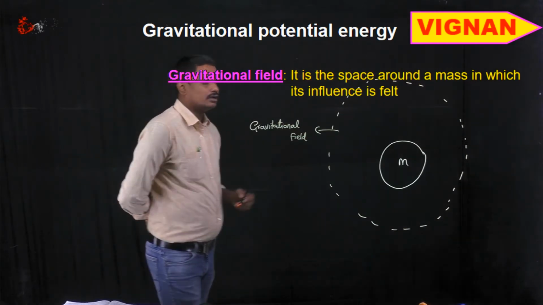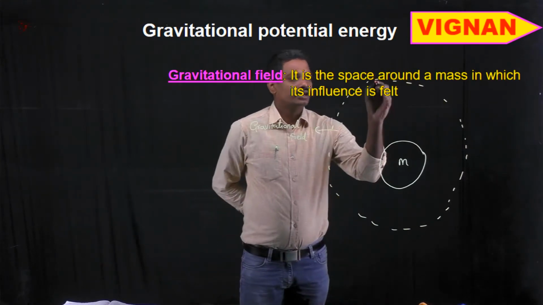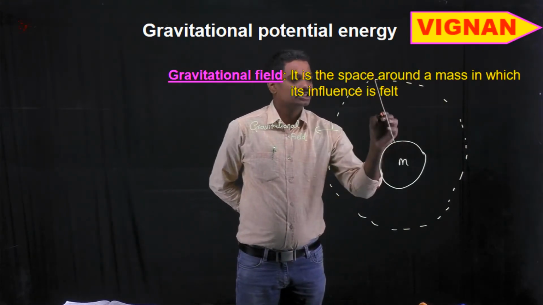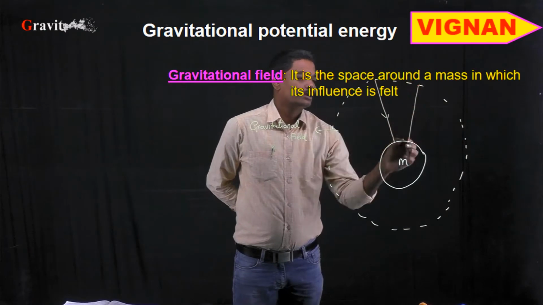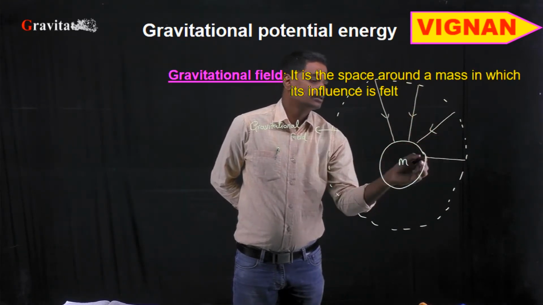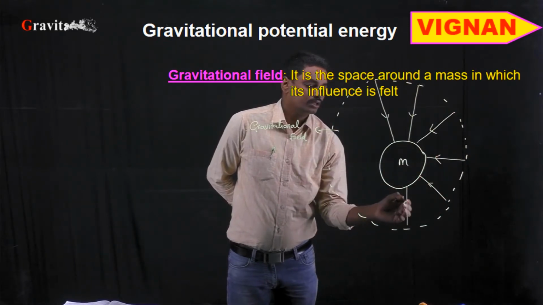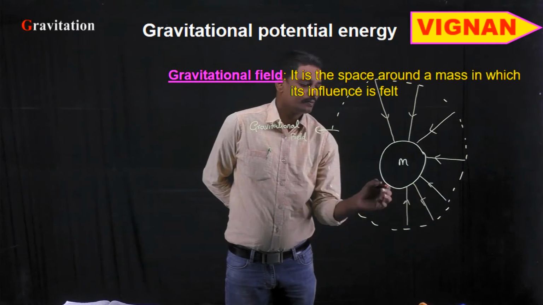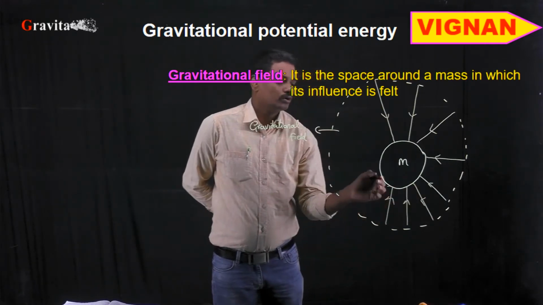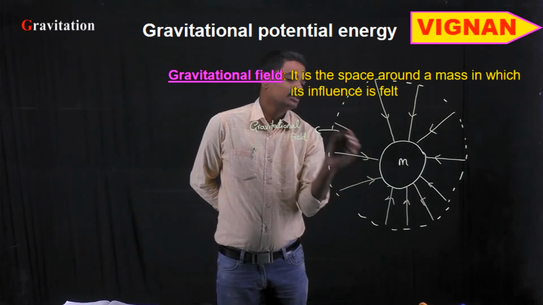And this gravitational field can be observed by using gravitational field lines. As the gravitational force is only an attractive force, we represent the lines towards the mass. So these are the gravitational field lines. If we go near the mass, the intensity of the field lines increases.